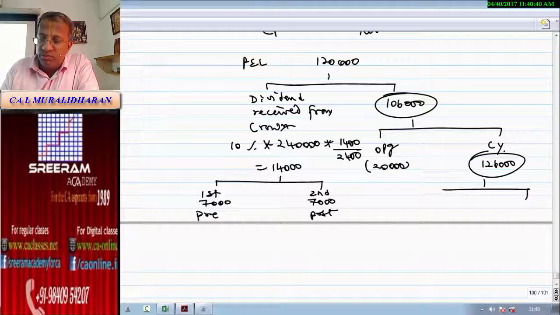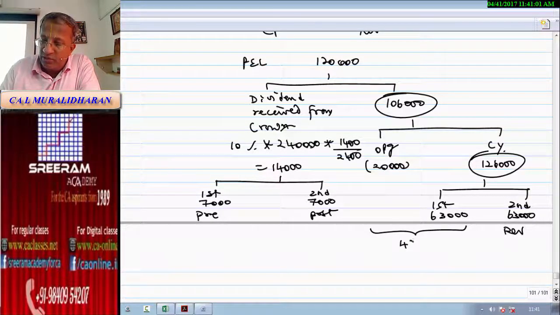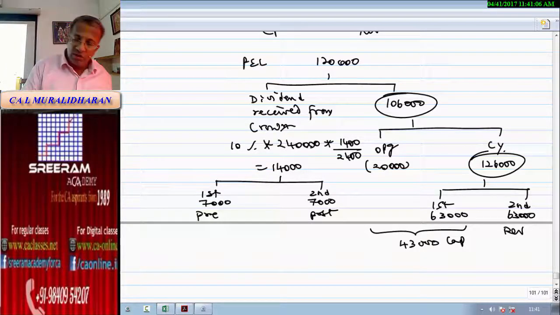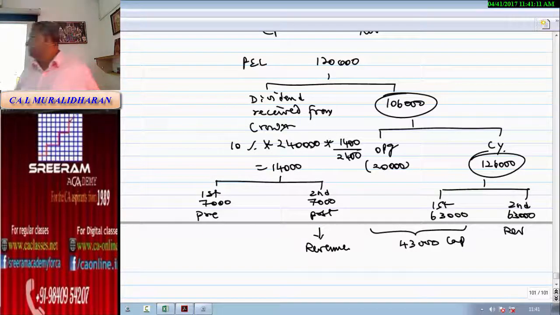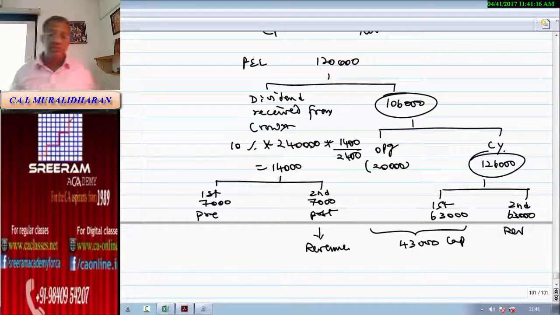This shall be divided into first half and second half. 63,000 as capital and revenue. This is also capital. I mean, the figure that we have to take up as capital will be 43,000 capital, and this being revenue. Now this should also be a revenue because the matter is related to post acquisition. So therefore this will be pre-acquisition.